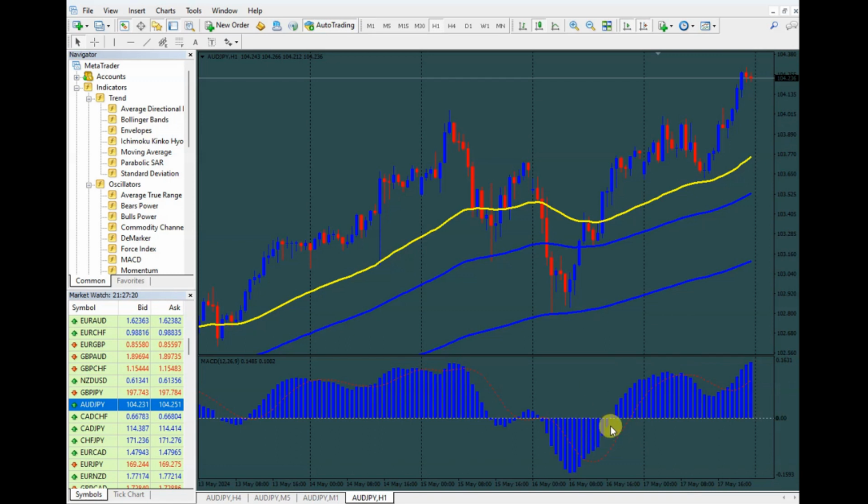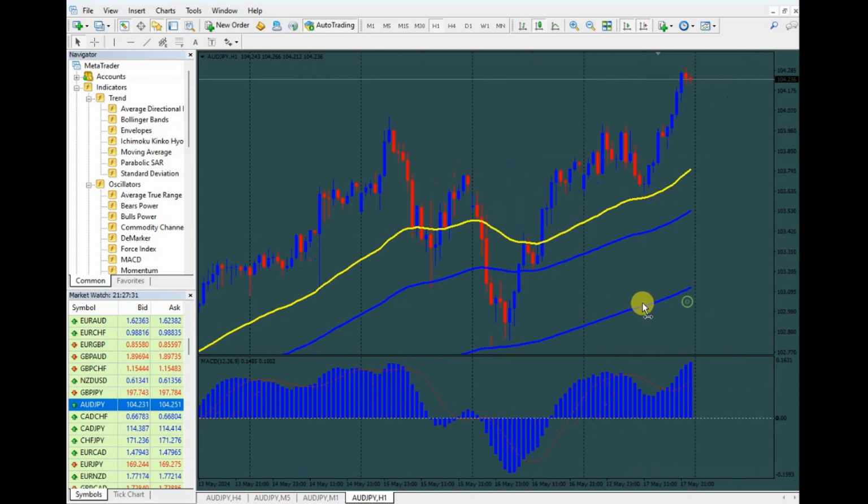So we wait, and here again we have the MACD in the same direction, in agreement with our EMAs. We would have gotten a signal here, but there was no signal. So we don't just jump into the market, we wait for a guaranteed signal.